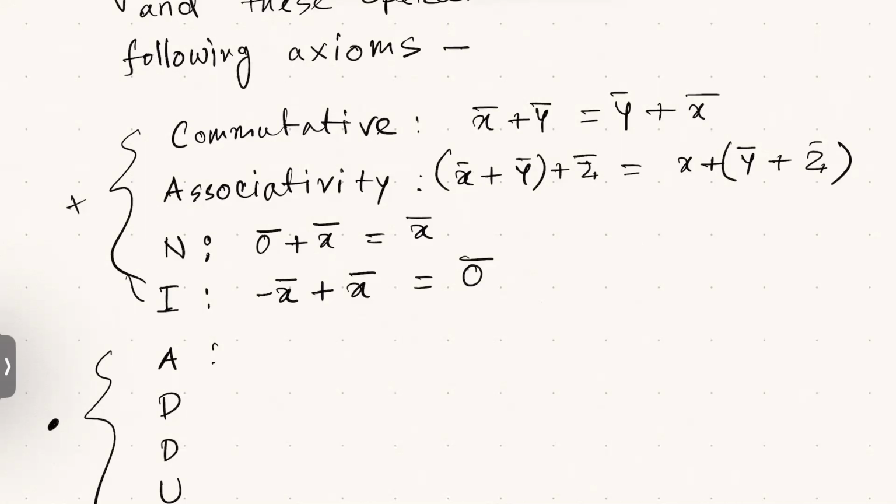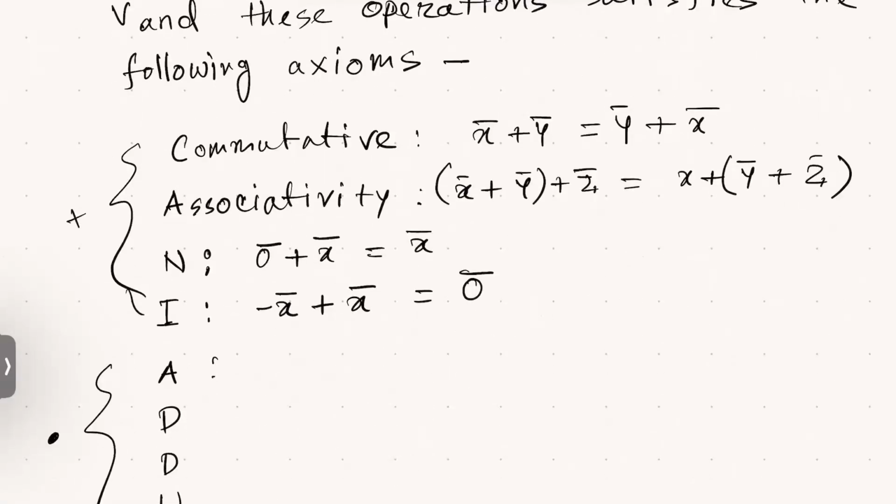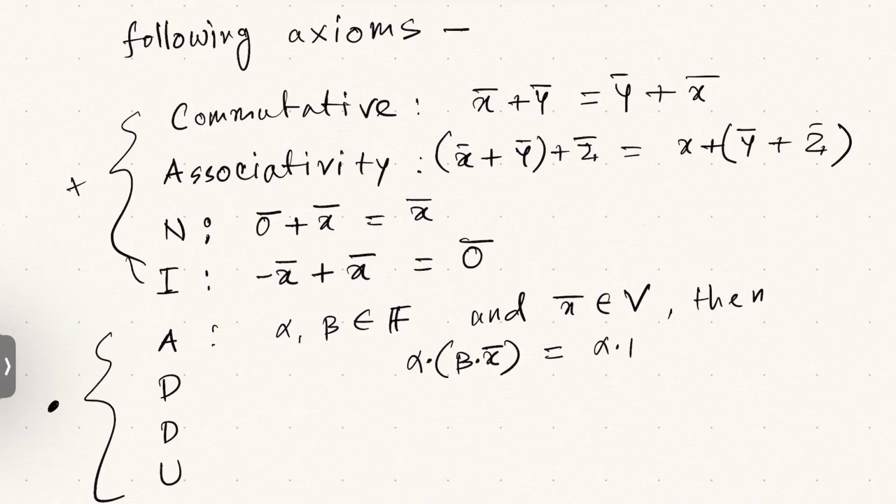If you consider two elements from the field F, let's say alpha and beta belonging to F, and X belonging to the vector space V, then alpha times beta X vector equals alpha beta X vector.